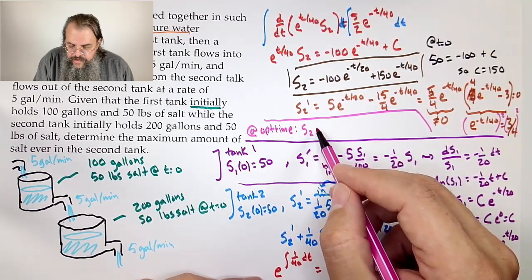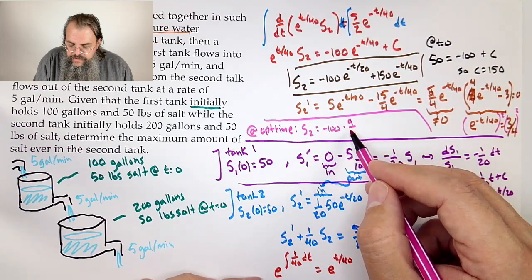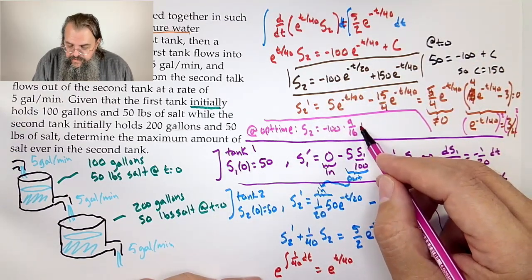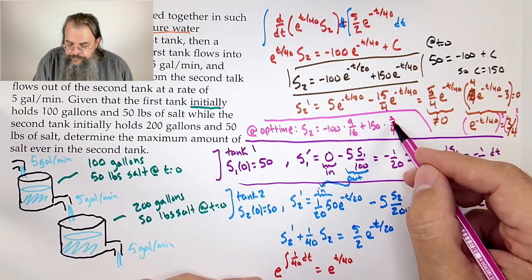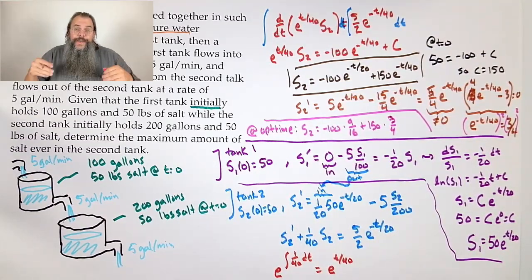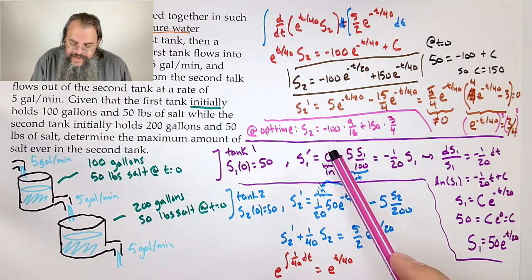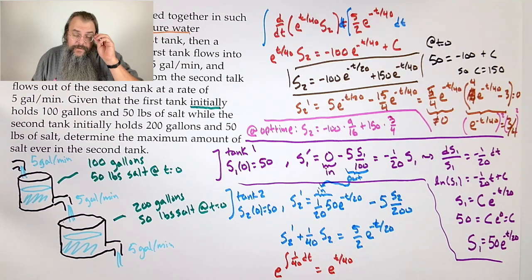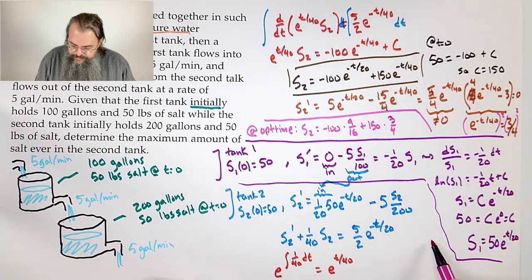So that says at the optimal time, S2 is minus 100 times this 9/16, that's 3/4 squared, plus 150 times 3/4. Cleaning up a little bit here, 100 is divisible by 4, and 100 divided by 4 is 25. 9 times 25 is 225.